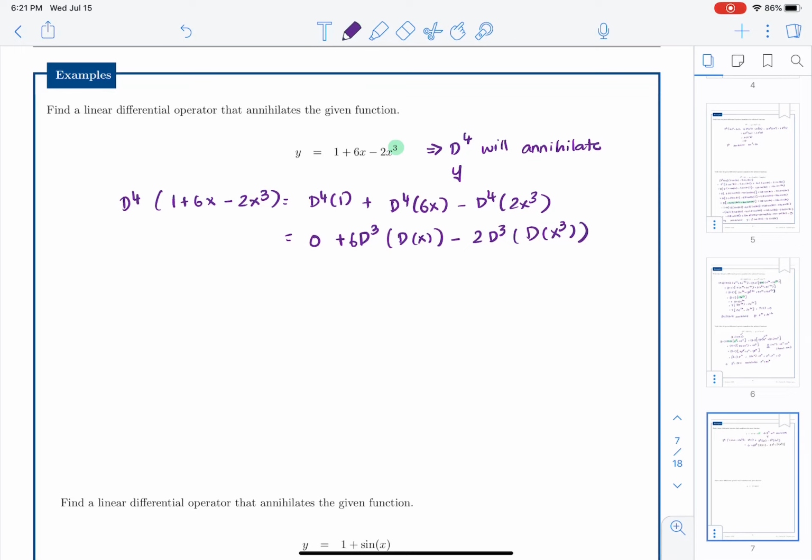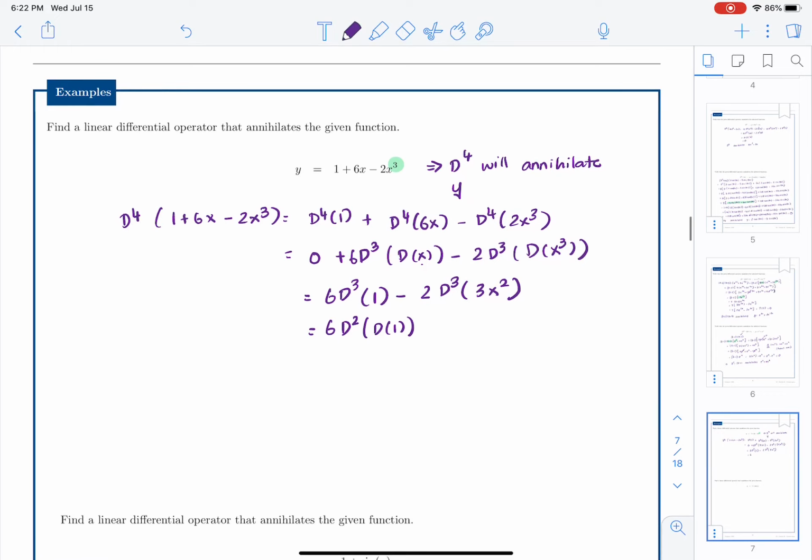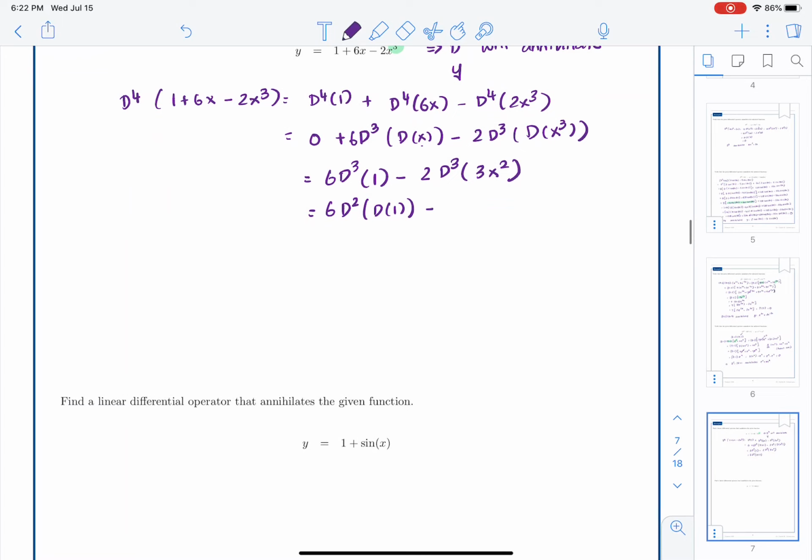D times D cubed is D raised 4. The first derivative of x is 1, minus 2 D cubed. Derivative of x cubed is 3x squared. I could write D cubed as D squared D, minus 2 D squared. We could pull that 3 out and write it as 6.